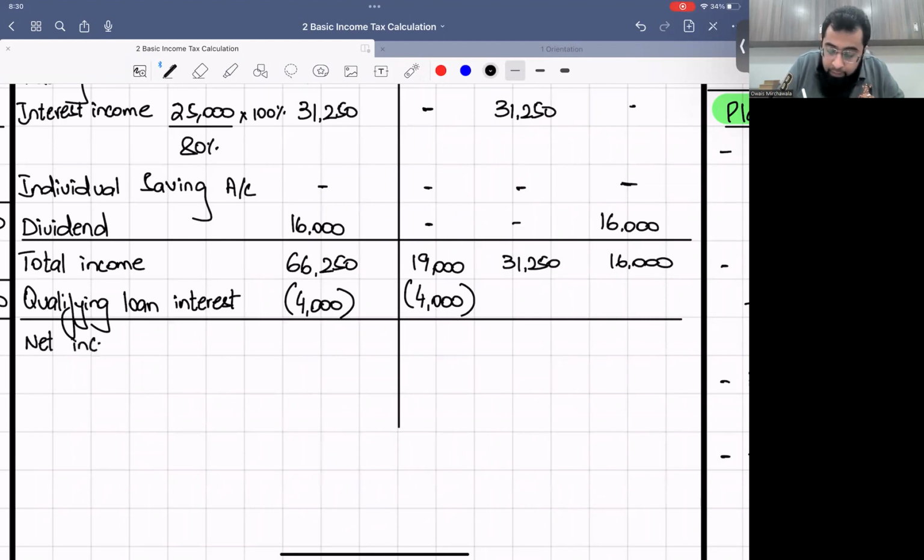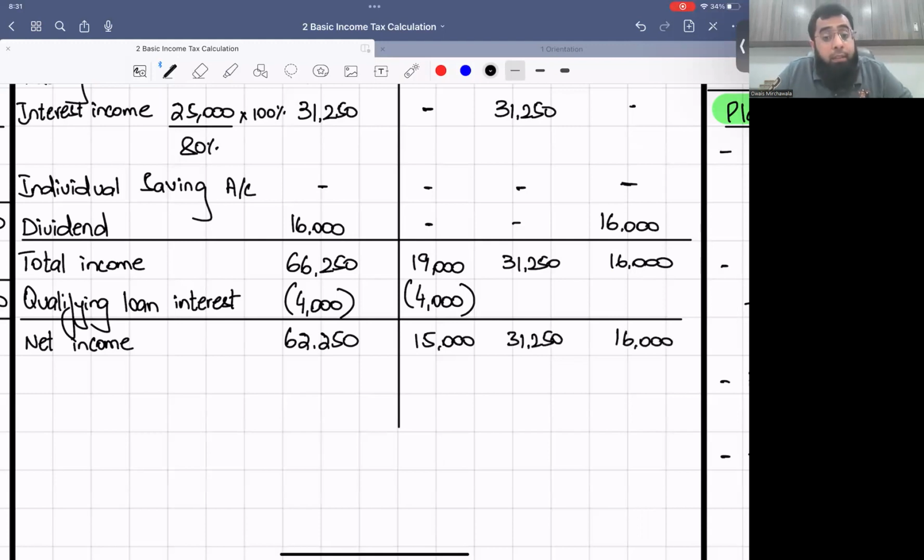The net income is 62,250. Here it will be 15,000, 31,250, and this will be 16,000. Then we'll adjust the personal allowance to arrive at the value of taxable income.